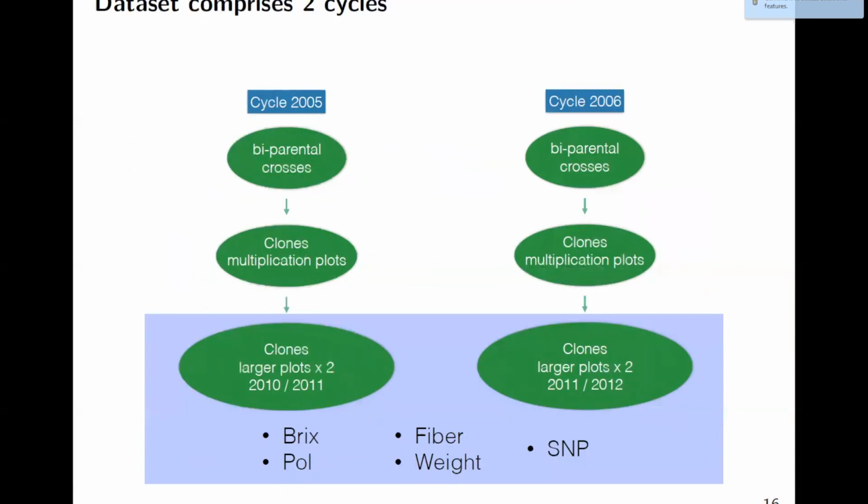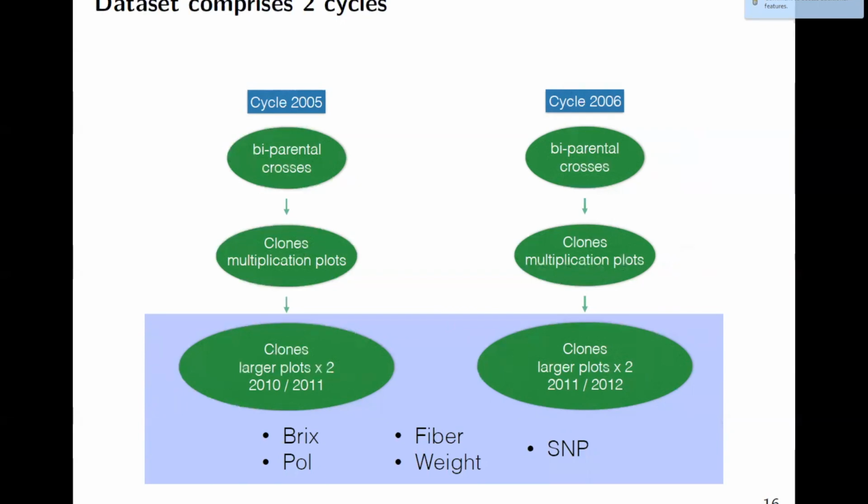So let me go into a little more detail about my data set. I have data from 2 breeding cycles, what I'm calling cycle 5 and 6. They follow the same scheme that I described before. But on the 3rd stage, we had the actual phenotyping that I'm going to describe in the first chapter, and then use in the following ones.